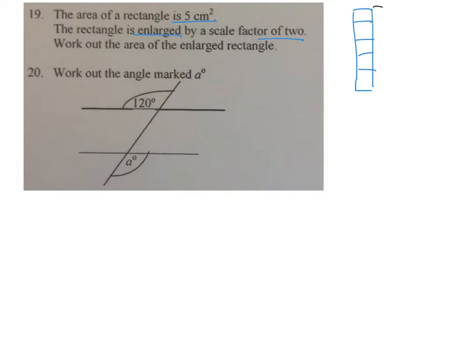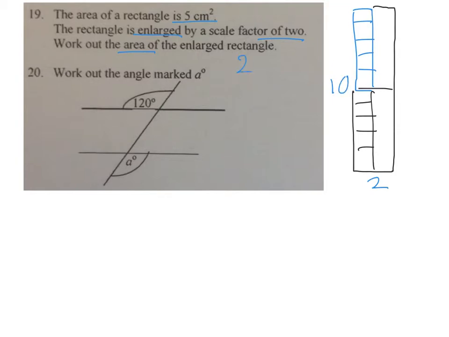So it's going to be 2 wide and twice as long. So work out the area of the enlarged rectangle. Area is base times height, so it's 2 wide, 10 high, the new area, 20 centimeters squared.